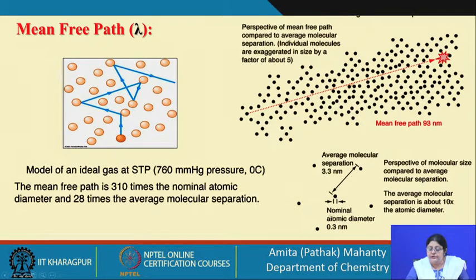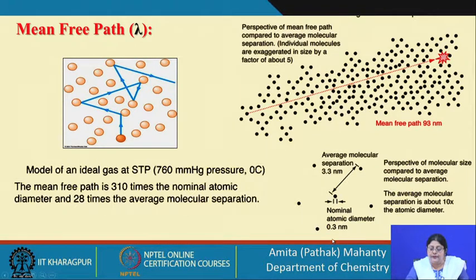Okay. What is the molecular size? The atomic diameter is around this and the molecular separation is 3.3. So the average molecular separation is 10 times that of the atomic diameter. Okay. The separation of two molecules is around 10 times the diameter of a single molecule.